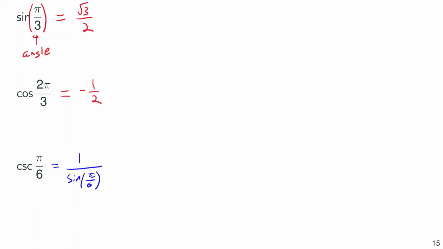So let's find sine of pi over 6. Then we can do 1 over the number. Sine pi over 6 is half. So then we have 1 divided by a half. Dividing by a fraction is the same thing as multiplying by its reciprocal. So we do this, which we get 2. So cosecant of pi over 6 is 2.